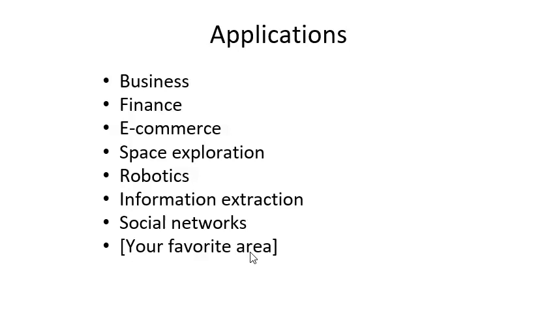AI or machine learning can be applied in all areas of business. Whenever there are data, we can use machines to learn and predict the patterns. I know you guys are very creative and innovative, so the applications are unlimited. Some available applications include finance, marketing, e-commerce, HR, and many other areas.